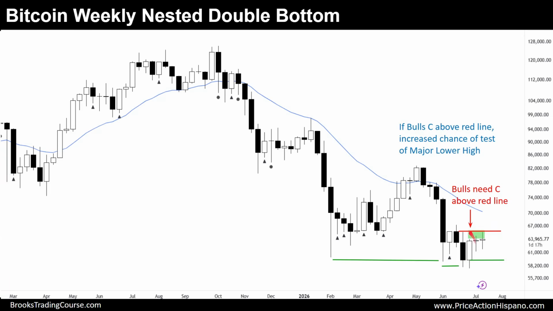This bull high 2 signal bar is not a high probability signal bar. However, there is potential for the market to go up to the major lower high, and that's a great risk reward ratio.